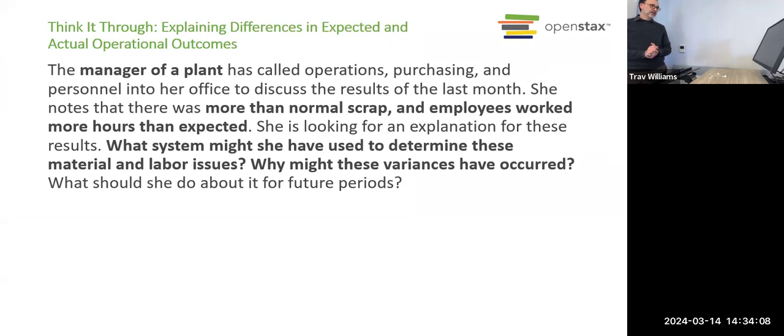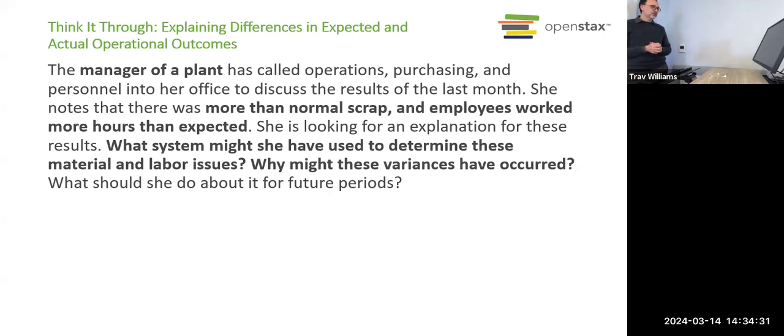All right, so here it says that the plant manager has noticed we are using more than normal scrap, meaning we have more indirect material costs than usual. Right, so we either are making products that are not working, we have to throw them out, or we're just using excess material for some reason.